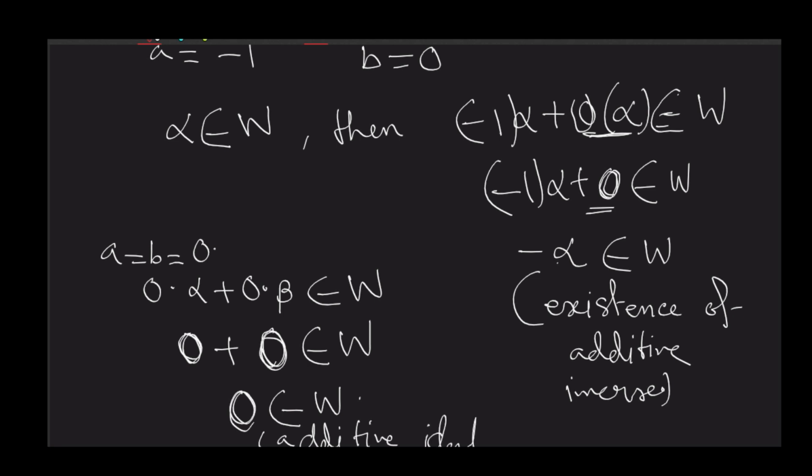Again and again I am telling you that the other two properties of addition will be automatically inherited because your W is a subset of V. So if addition is a commutative and associative operation in V, then it will be similarly commutative and associative in W. However, what we need to ensure is the existence of additive inverse and additive identity.